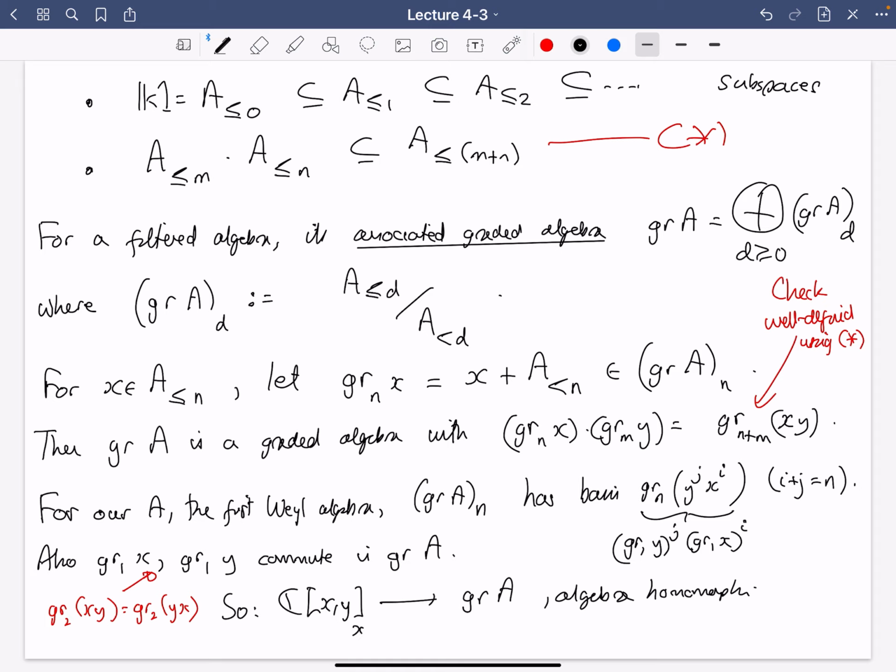So this sends x to what's called gr 1 of x on the right hand side, and y to gr 1 of y. And our basis for the associated graded algebra, these guys here give a basis, so that just shows that this map is onto. In fact, the basis of monomials in the polynomial algebra goes to the basis of monomials in the associated graded algebra, so this isn't just an algebra homomorphism, it's an algebra isomorphism.